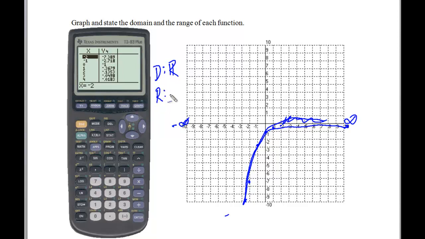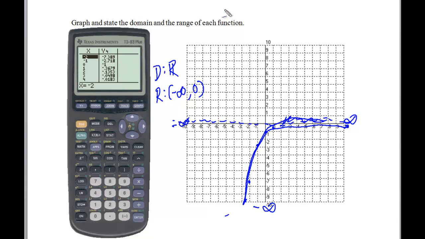Now my range, you'll notice that there is a dotted line here. It will not cross this 0. So it's going to go from 0 to negative infinity. Please make sure to write it like this, negative infinity comma 0. Because when we write this kind of notation for our domain and range, we go from low number to high number. So putting 0 comma negative infinity would be writing it incorrectly.